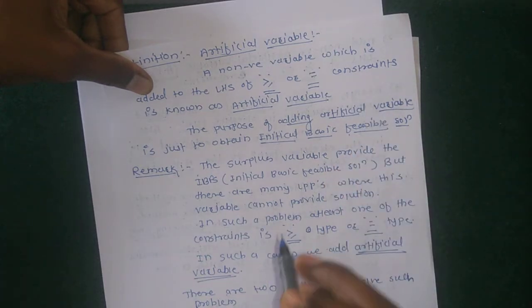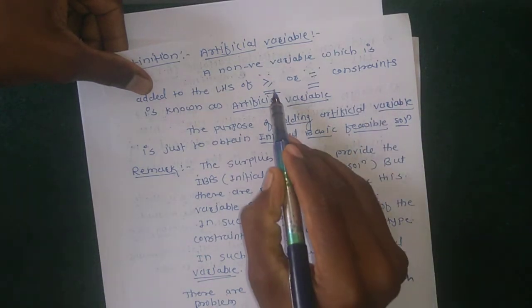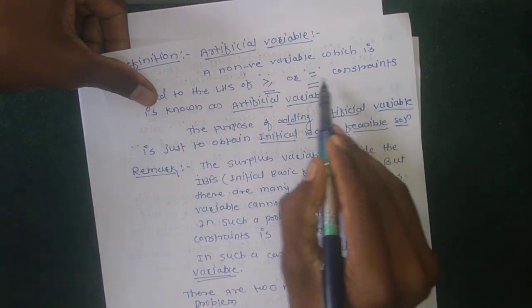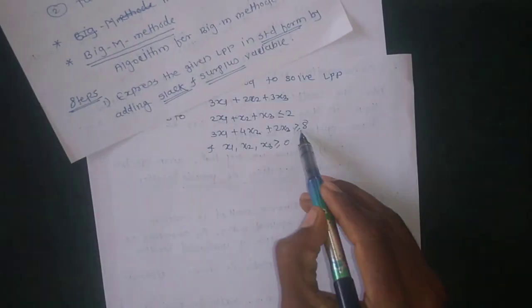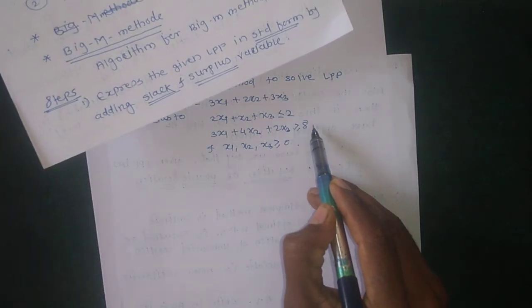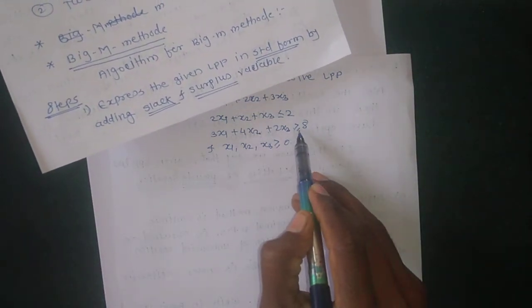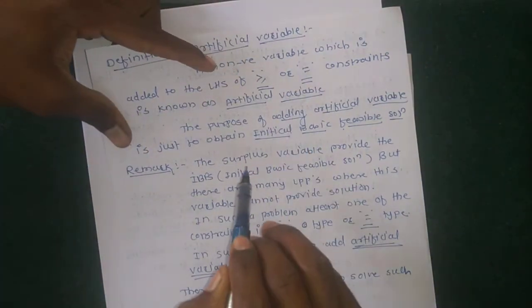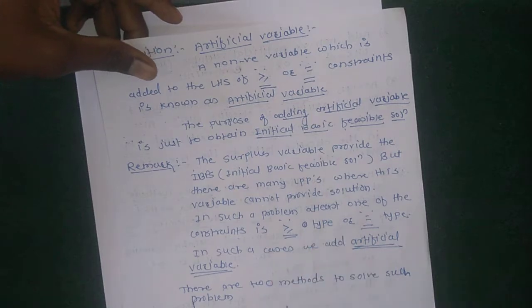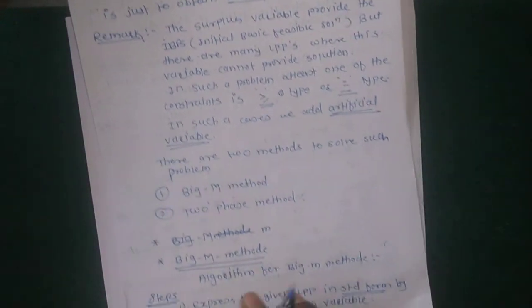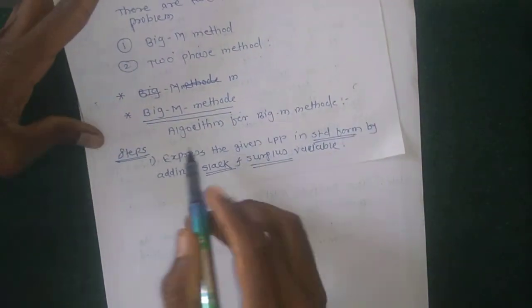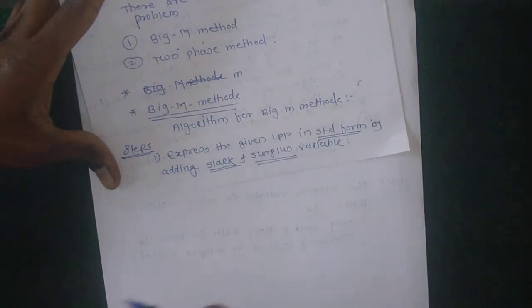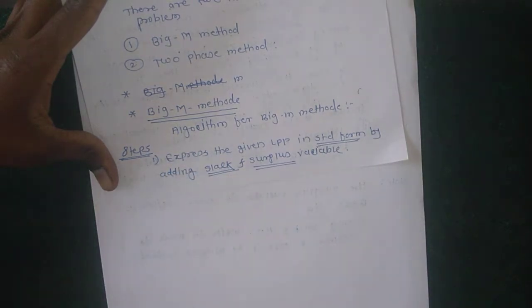If any constraint in the given LPP is greater than or equal to type, as this constraint is here, then we have to subtract a surplus variable and add an artificial variable in that constraint. Okay, so these are the steps for how to find the solution of an LPP by using big M method.